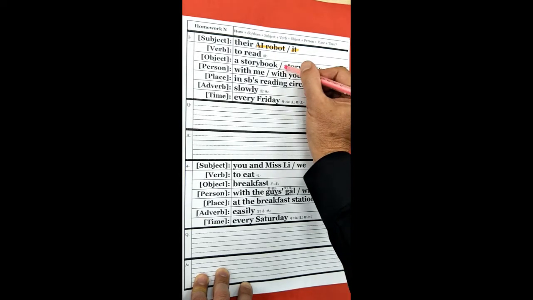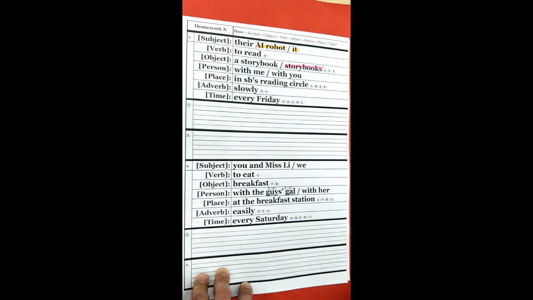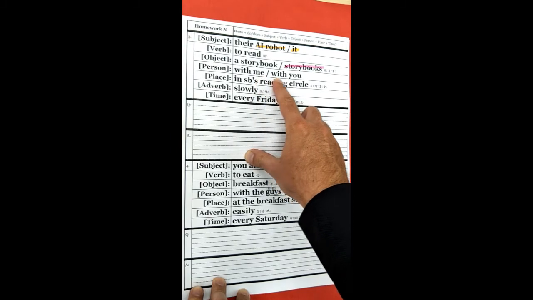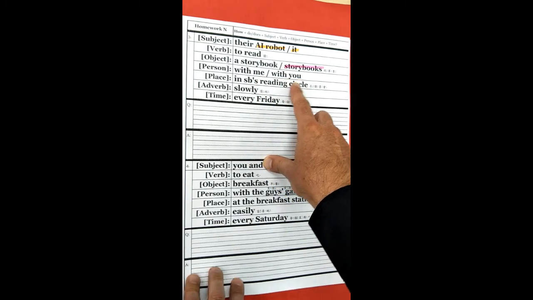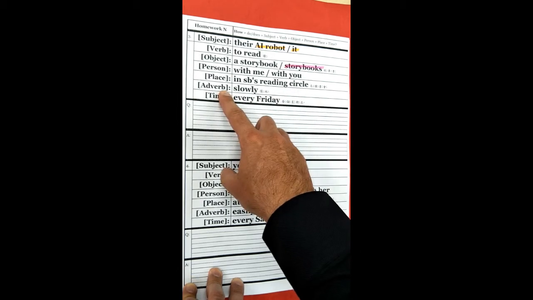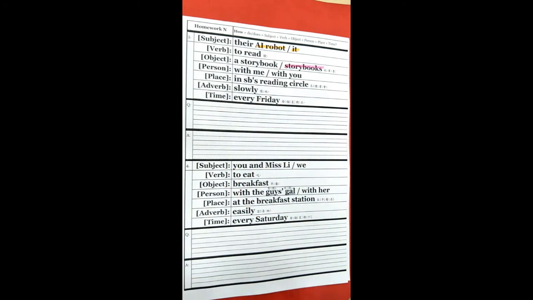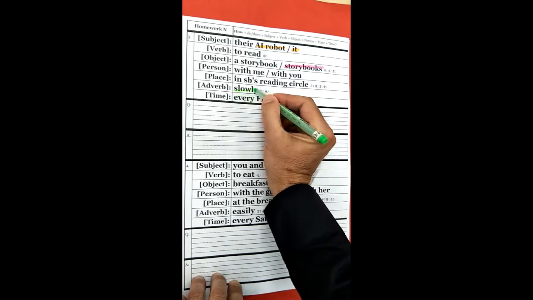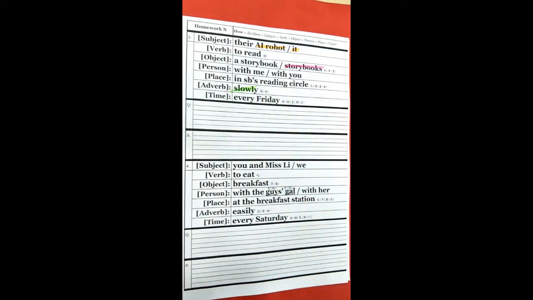Let's color storybooks. With me, with you. Place in somebody's reading circle. Adverb, slowly. That's the answer. Every Friday.